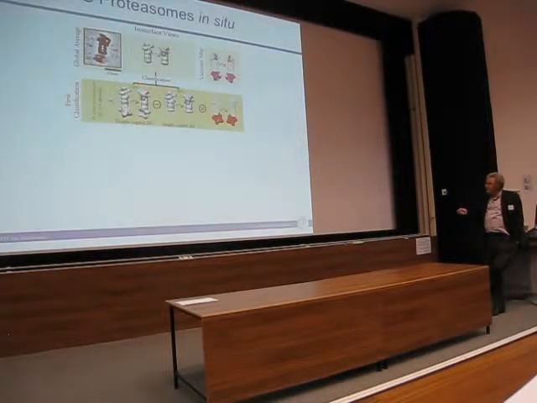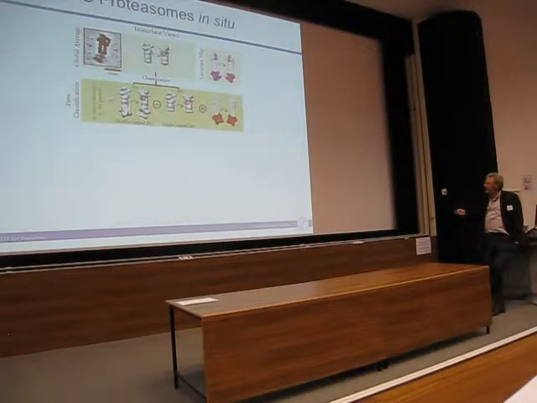So as you take the entire data set and do a first classification, it came as somewhat of a surprise that the typical, almost canonical structure of the double-capped 26S is a minority in the intact cell. It's something like 24% of the population.